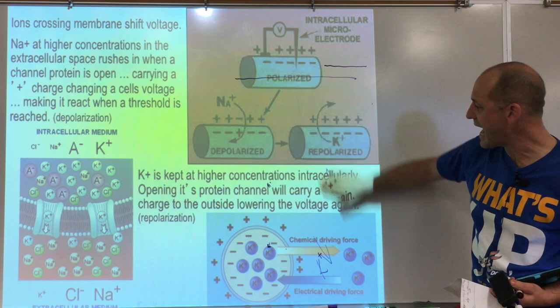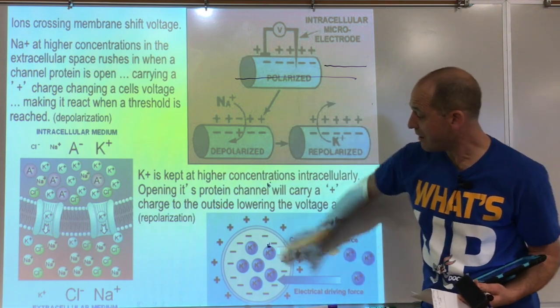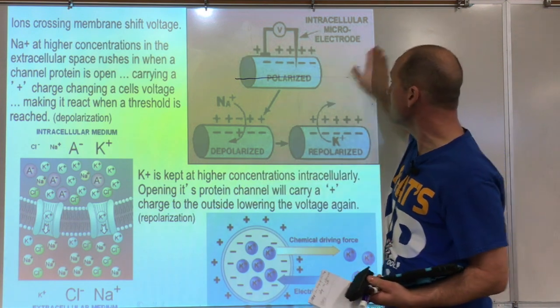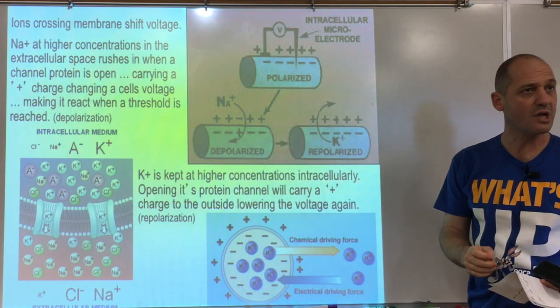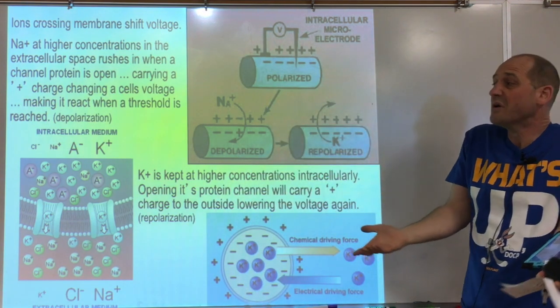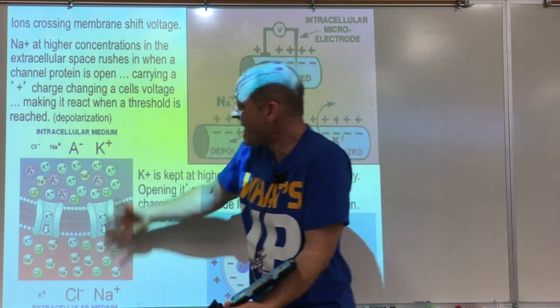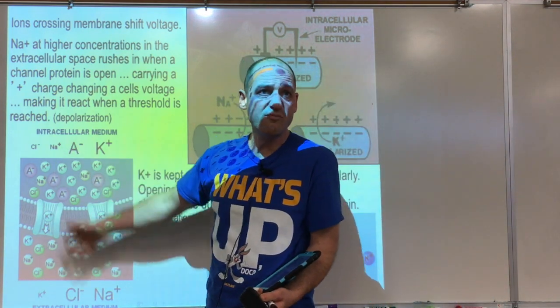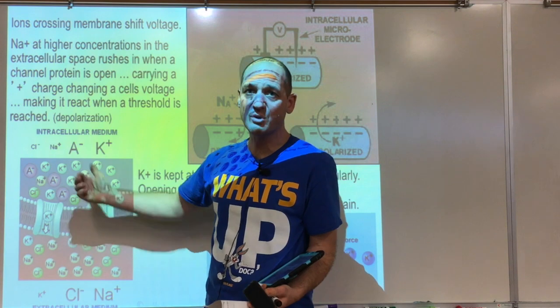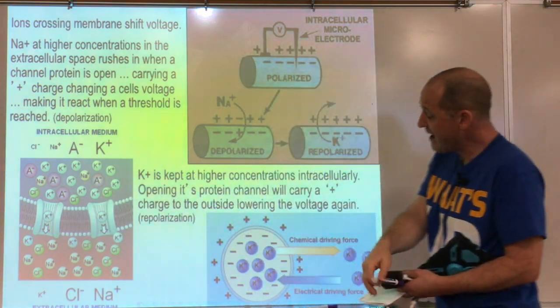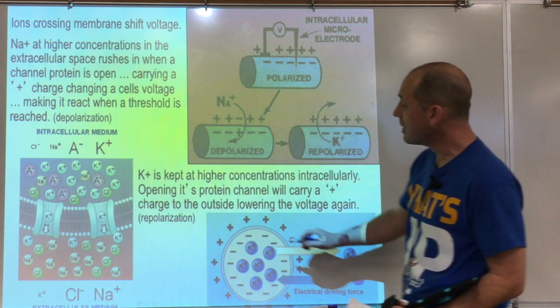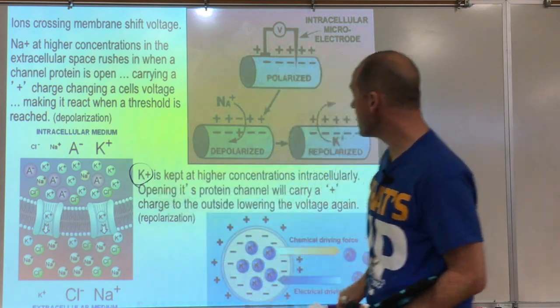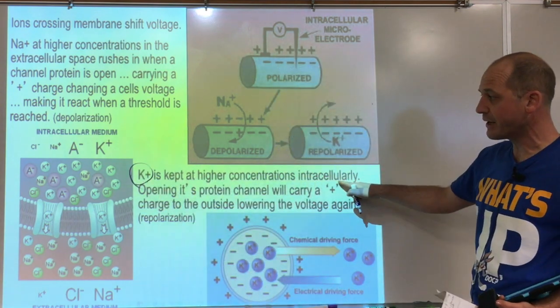And how we establish that is by using a different chemical and moving that different chemical from the inside to the outside. Because the sodium is now all evened out, we're not going to be able to move more sodium back out. We have to use the pump for that. But now we have this other chemical, the potassium, that is kept at a higher concentration on the inside, intracellularly.